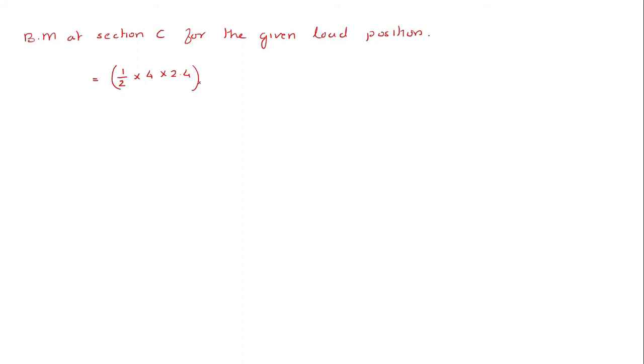This is the area multiplied by the corresponding value of load, 4 kilonewton per meter, plus 3.6 into 5 plus 4.8 into 8 plus 4 into 4 plus 2.8 into 6. Okay, so if you multiply all these, you will get 108.4 kilonewton meter. This is the bending moment at section C.